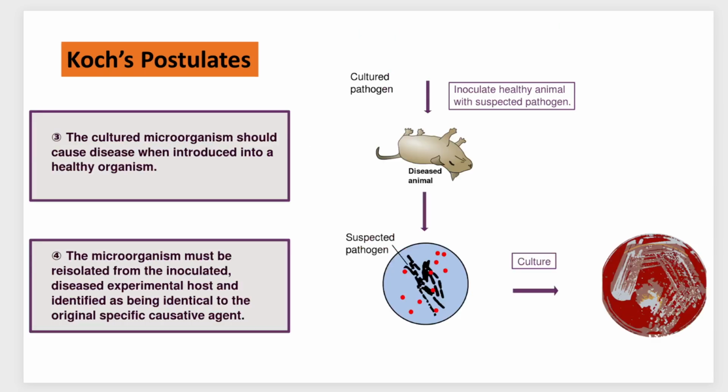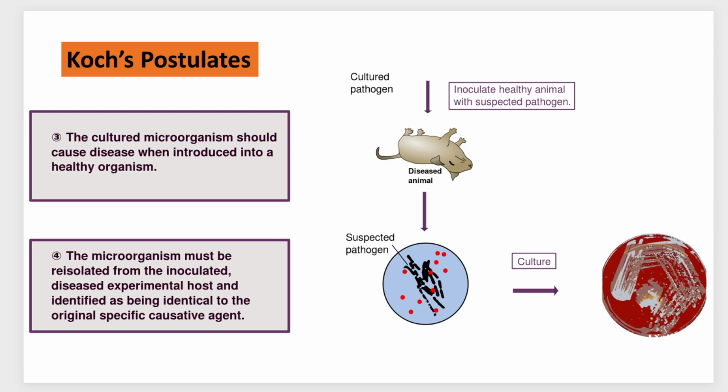The third part of Koch's postulates would be to take the cultured organism and introduce it into a healthy organism. You took it out of an infected animal and that animal had the disease. You got it in pure culture. Now you're going to give it to another healthy animal. If it causes the disease again, well, then you get to Koch's fourth postulate.